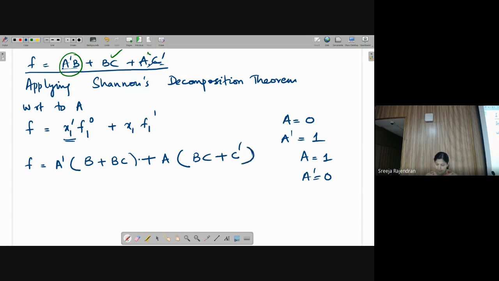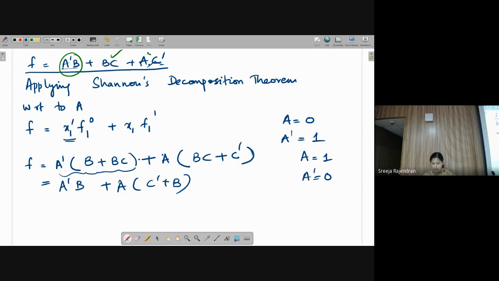Now what does this become? a bar times b plus bc is b, right? Then a times bc plus c bar. What does it become? c bar plus b by absorption.